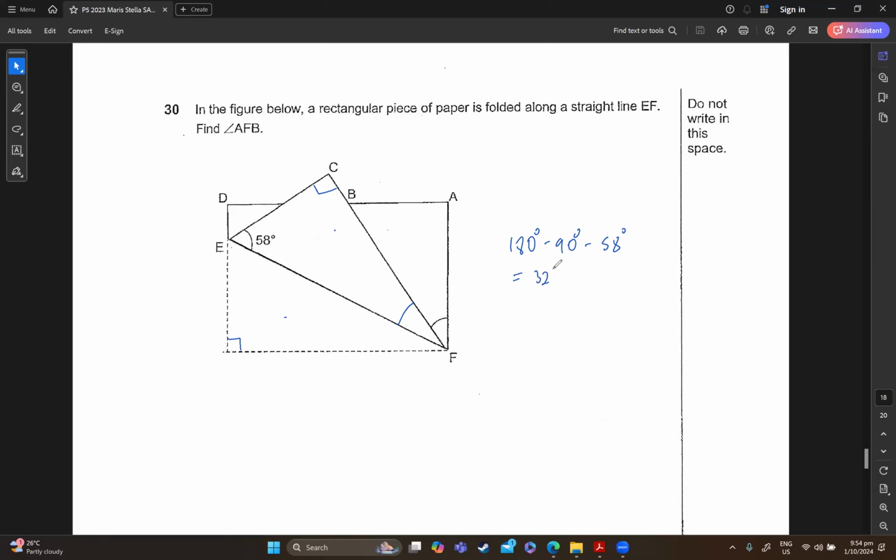So that's 32 degrees. If this is 32 degrees, this angle here should also be 32 degrees. So therefore angle AFB is 90 minus 32 minus 32. You get 26 degrees.